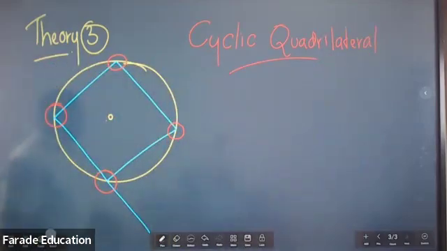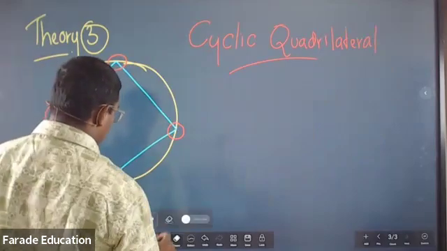When all the 4 corners or vertices of a quadrilateral touch the circle, we call it a cyclic quadrilateral.